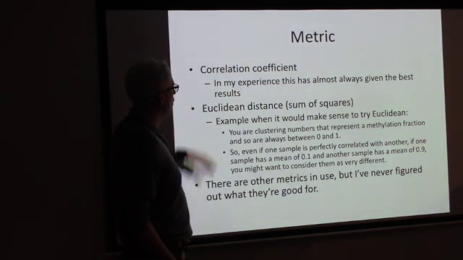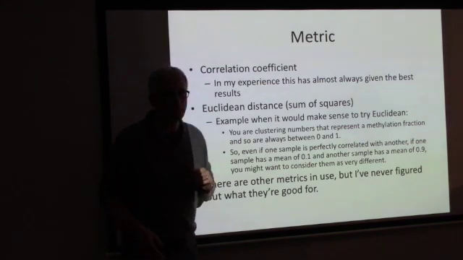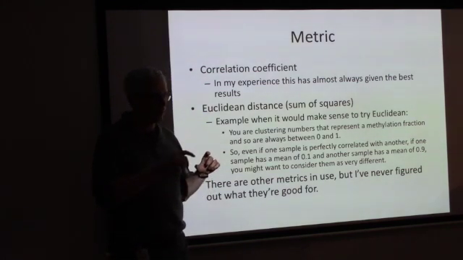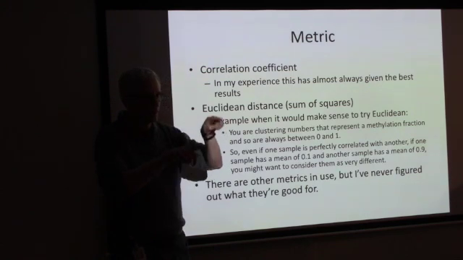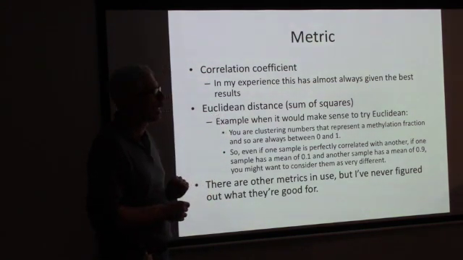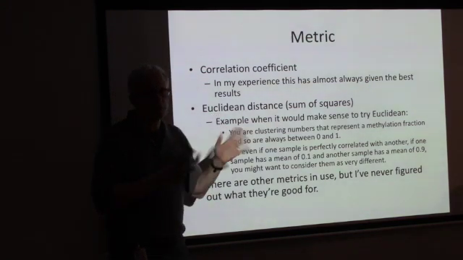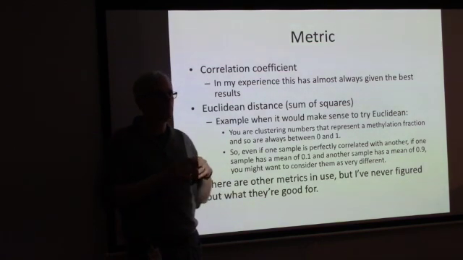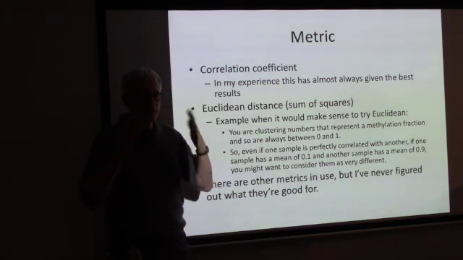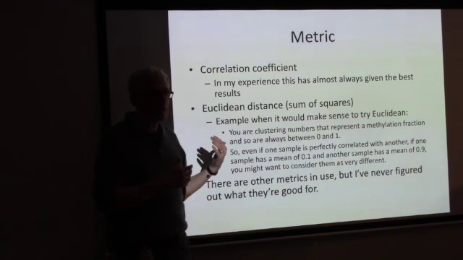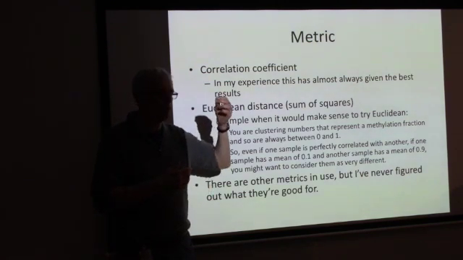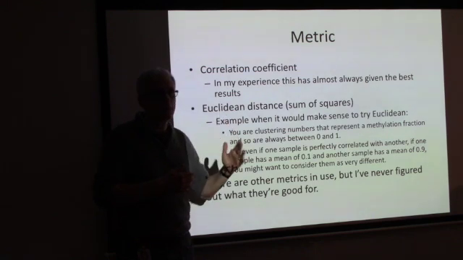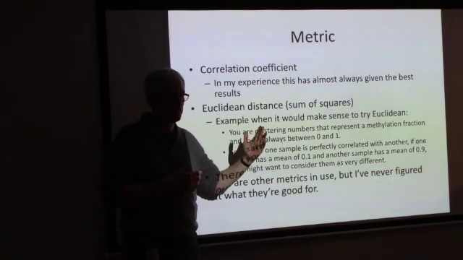So, correlation coefficient, what is that? That is a measure of the extent to which... let me think how to do this. So let's say we have 2 vectors of numbers. In our case, the vectors of numbers will be, let's say, the gene expression values for sample 1 and the gene expression values for sample 2.